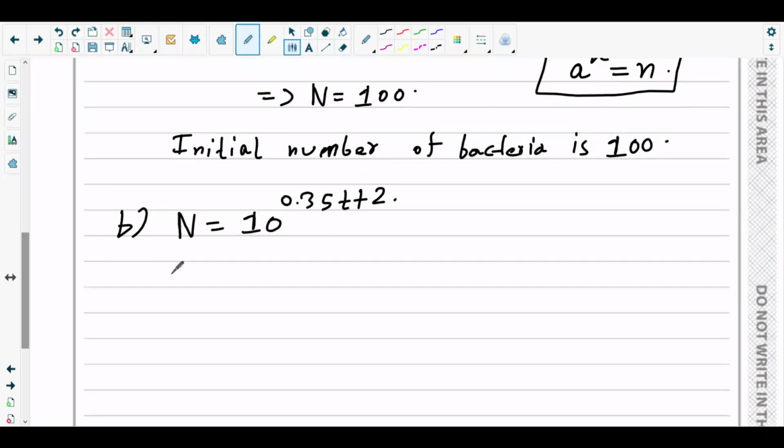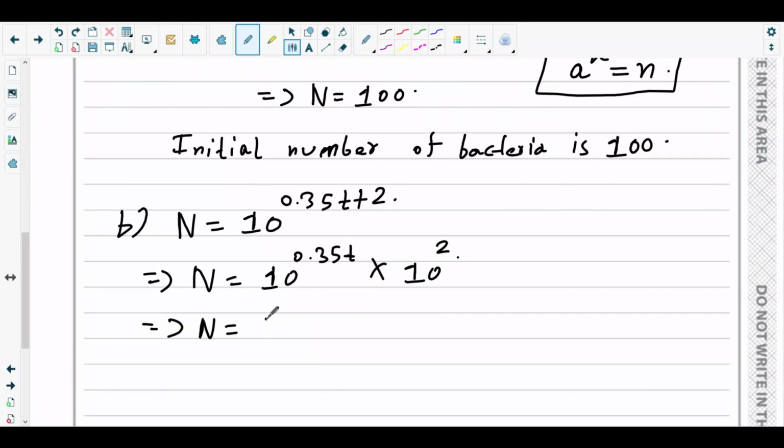Since the exponents are in addition, we can write this as a multiplication. 10 squared is 100, so 100 times 10 to the power 0.35t.